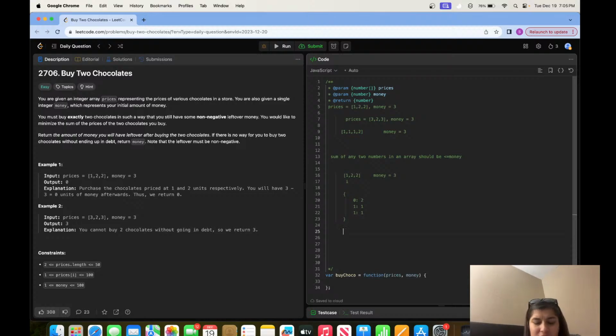Basically what I need is actually, because I need to return the value, right? I need to return the leftover money. I think I need smallest 2 numbers.